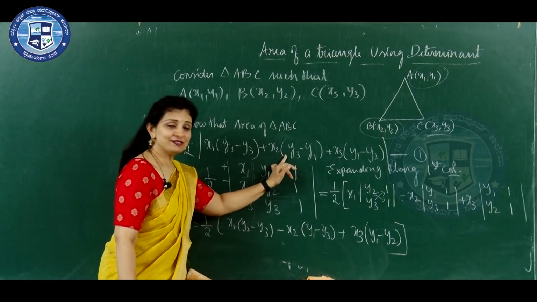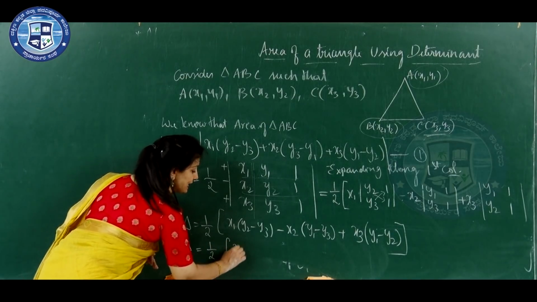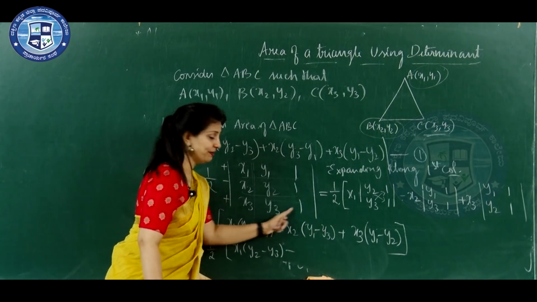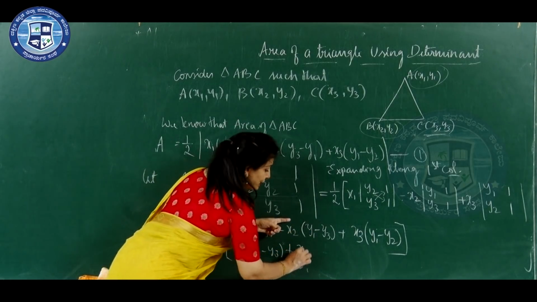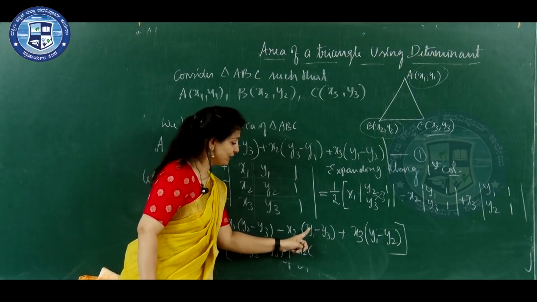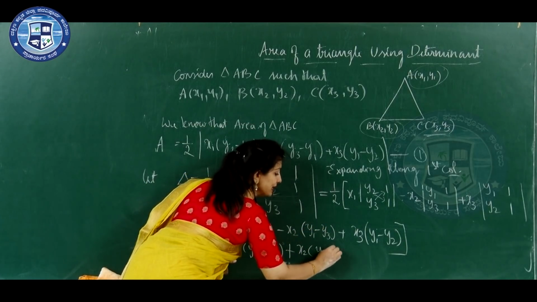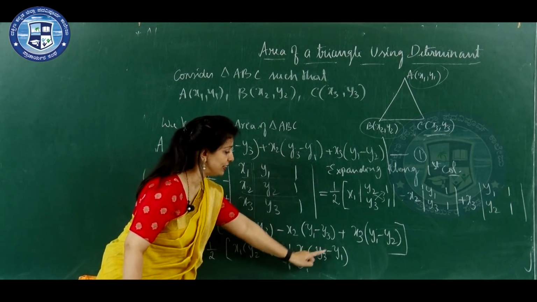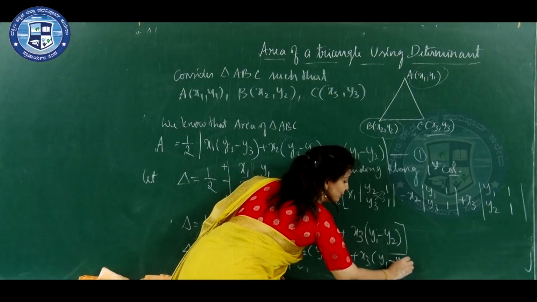So, to equate this with equation 1, we can write delta is equal to half into x1(y2 minus y3) plus x2(y3 minus y1) plus x3(y1 minus y2).